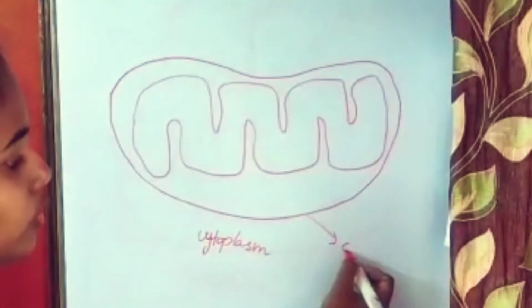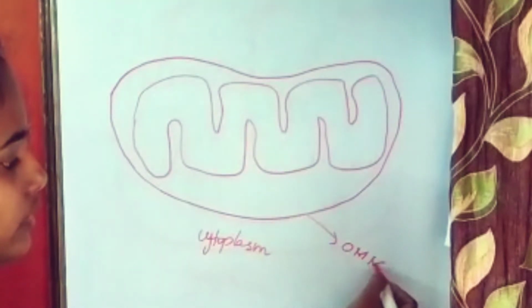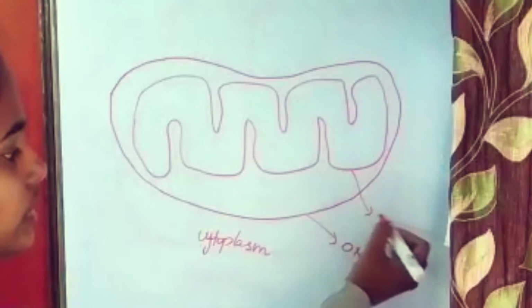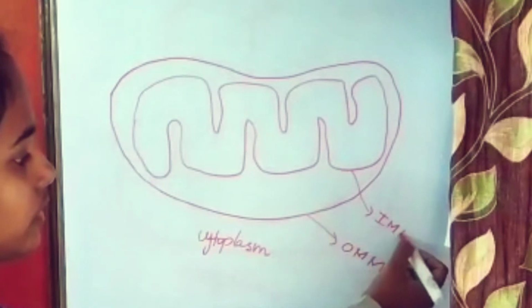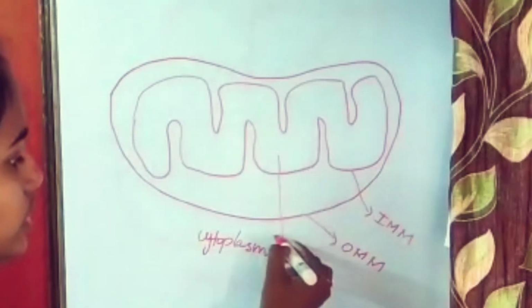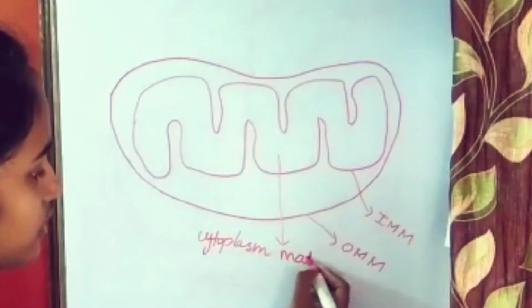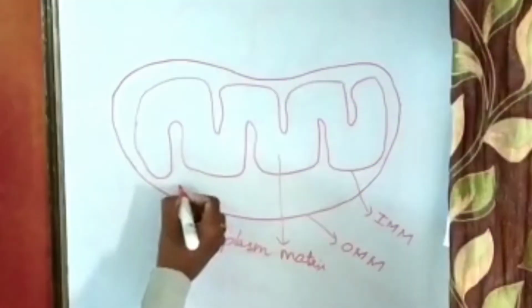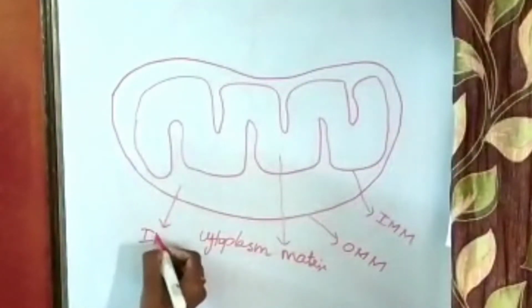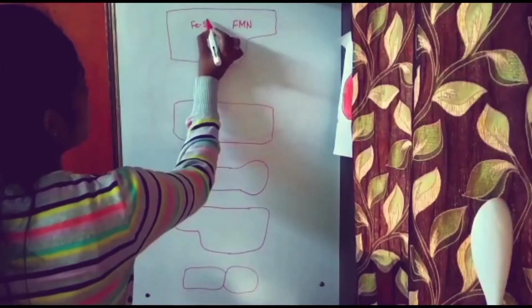This is the outer mitochondrial membrane. This is the inner mitochondrial membrane. This one is the matrix. And this part is the intermitochondrial space.